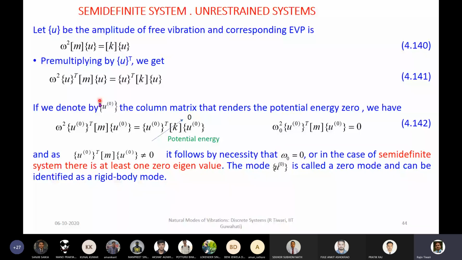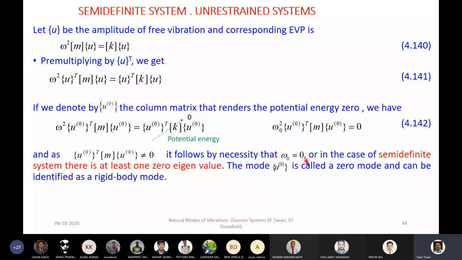Now, in general, this quantity with the mass matrix multiplied cannot be 0. So if this is not 0, the only possibility is that omega naught is 0. Such motion is possible only when the natural frequency is 0.